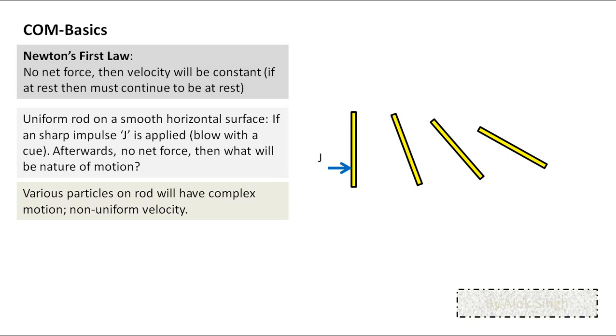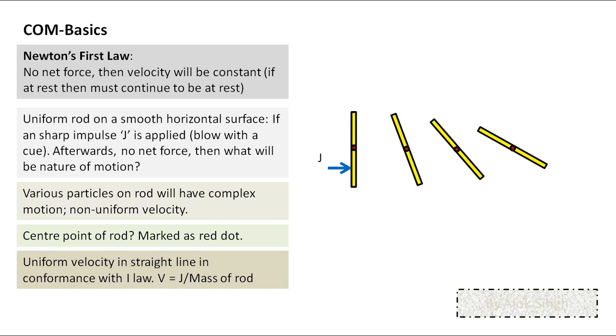The velocity will not be uniform, and they will have different velocities as well. What we find is that though no net force is acting, the velocity is not uniform. Whereas if we observe the motion of the center point of the rod, this point will move in a straight line, and the displacement in equal time intervals after the impulse is applied will be equal. So this point follows Newton's law of motion.